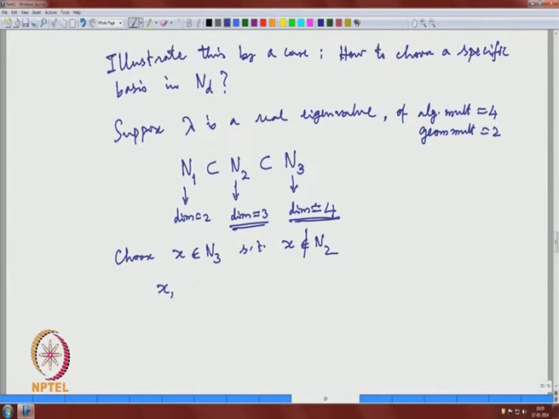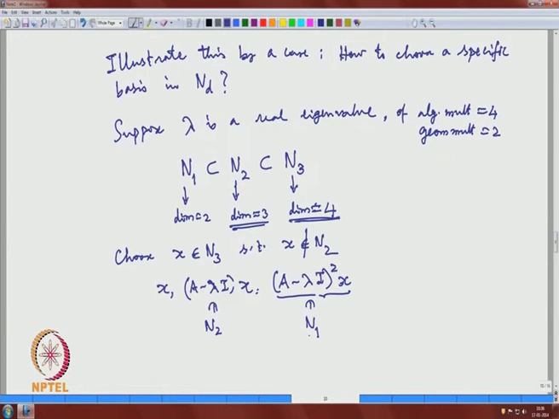Now, you form this x, (A minus lambda I) x and (A minus lambda I) squared x. Okay. So, this is in N2 by very definition, and this vector is in N1.